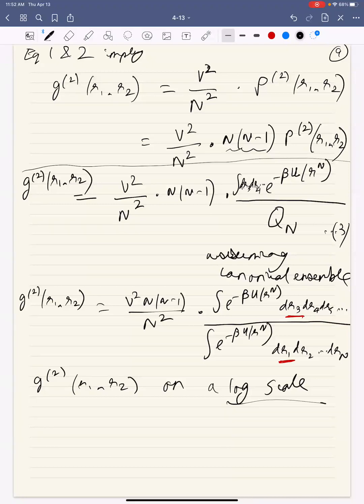Yeah, go ahead, Jared. For Qn, do we need a factor of n factorial here at all? Sure. No, you are absolutely correct. So it should have it. But the nice thing is it's all going to go over here, right?